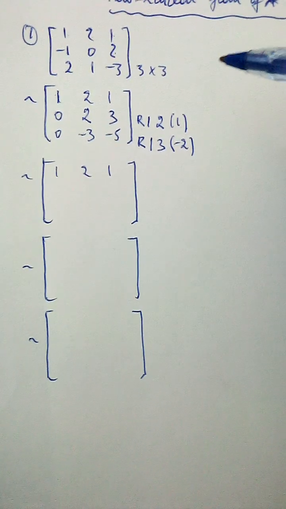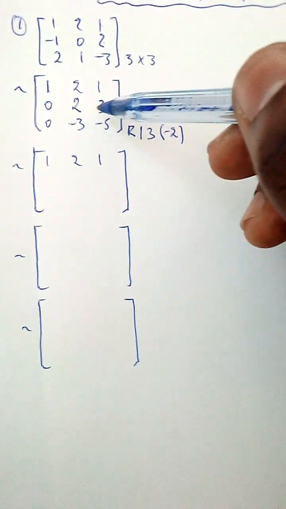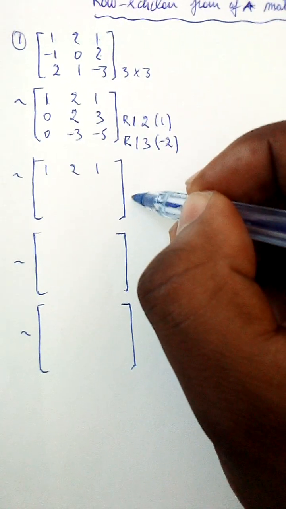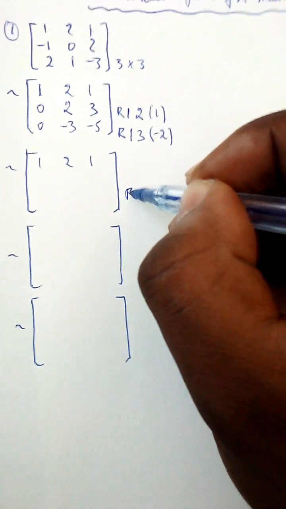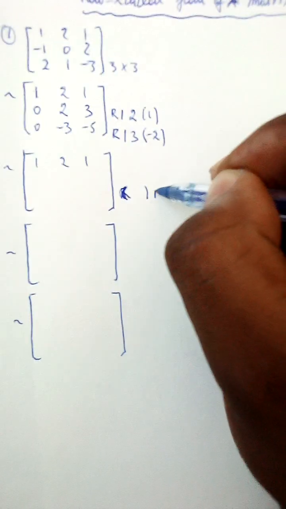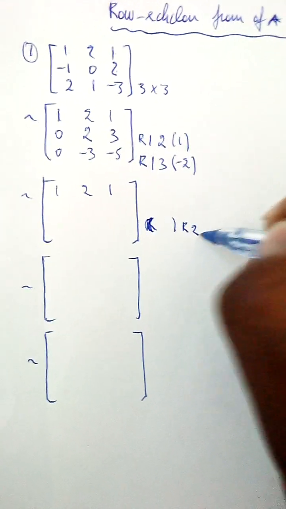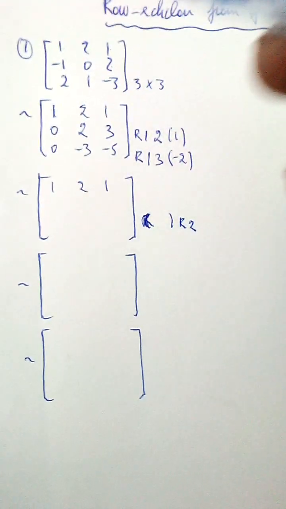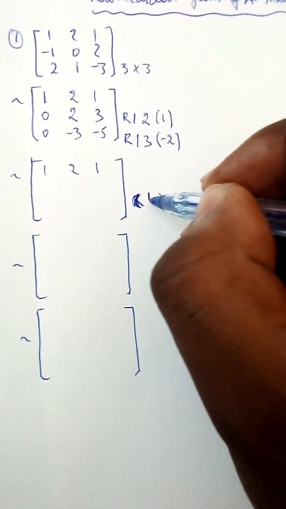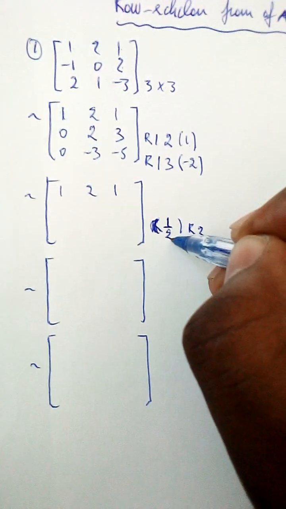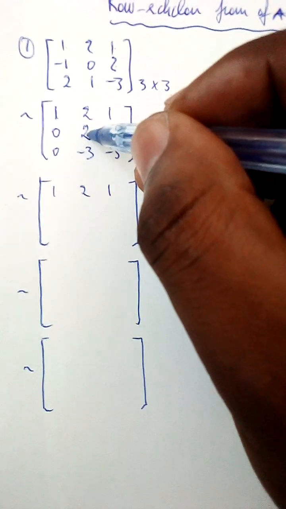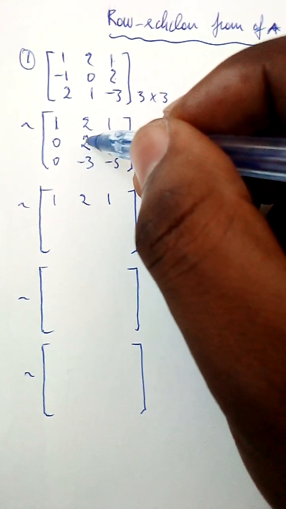What you need in order to make a leading one in the second row, this is the second row, we are looking for a number equal to 1 by 2. If you divide by 2, all by this number, you're going to get 1 here, which is equal to the leading one.